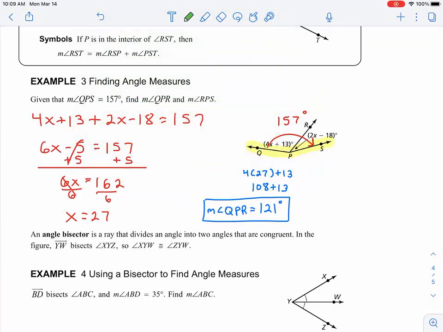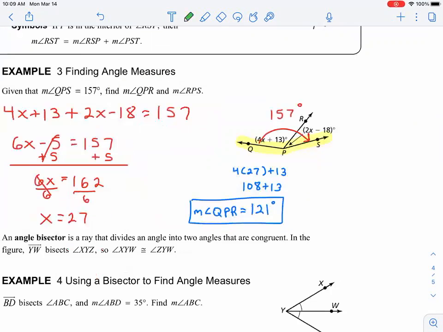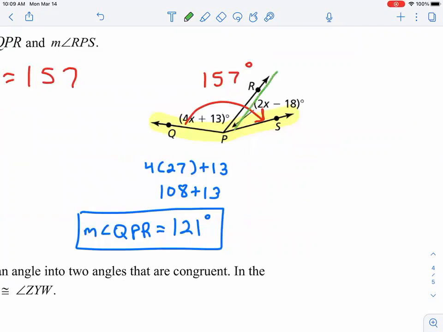Okay, now we have to find the measure of angle RPS. So from R to P to S. So that side. So I'm going to do plugging it in here, 2 times 27 minus 18.